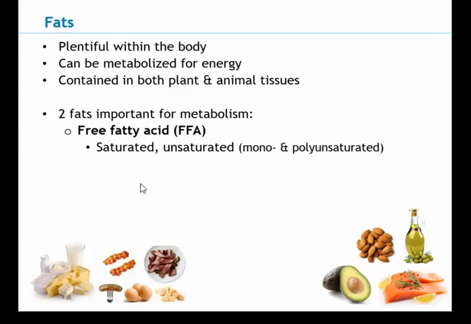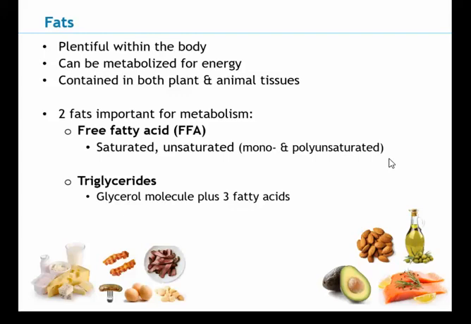Unsaturated, we have 2 types of unsaturated, monounsaturated and polyunsaturated. Your monounsaturated are your omega-9s. These are very heart healthy. And then your polyunsaturated are your omega-3s and your omega-6s. These are going to be essential in the diet. And the unsaturated usually come from your plant sources, and also some seafood.